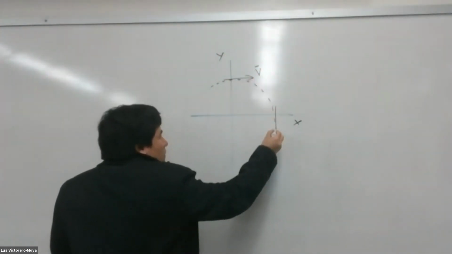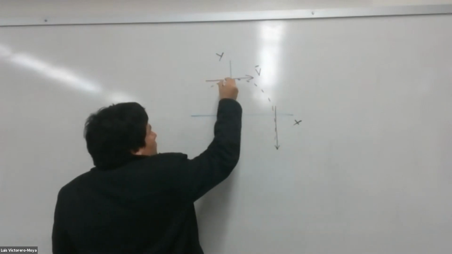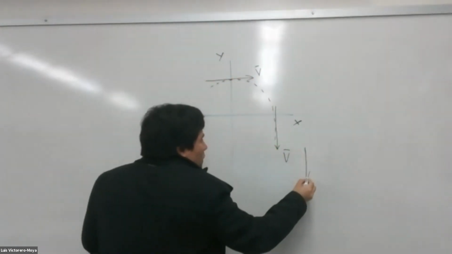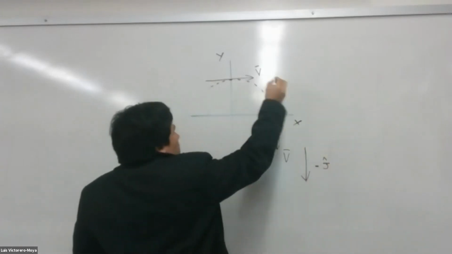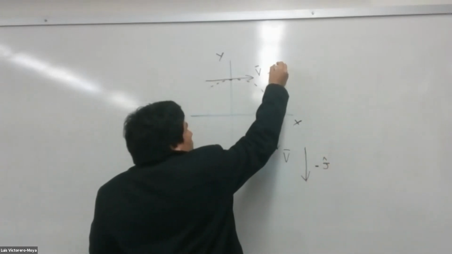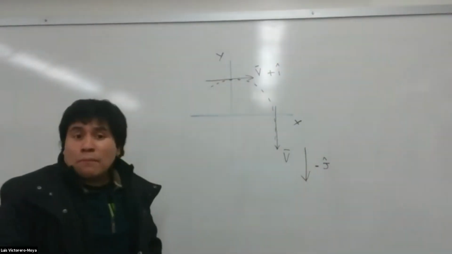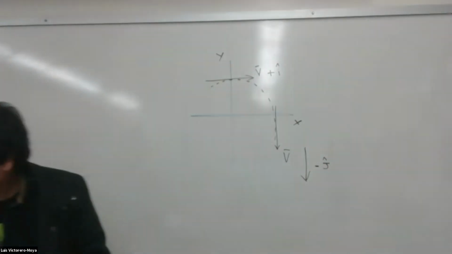Here I can write, they both have the same V. But this is now in the negative Y direction. This in the positive, right, unit vector i. So even though their magnitudes are the same, they are not the same vector.